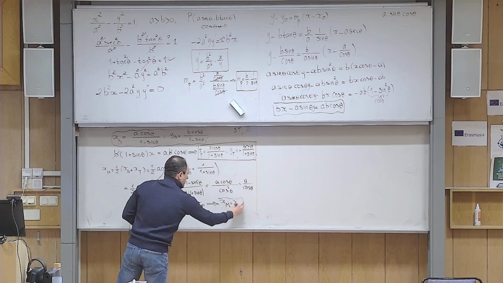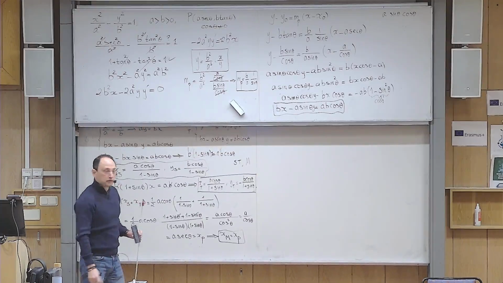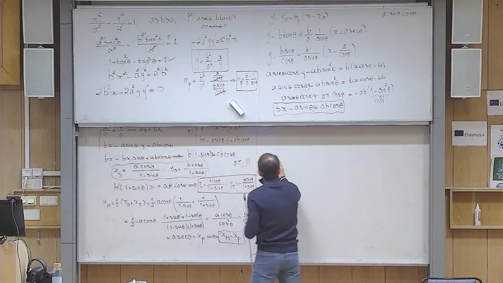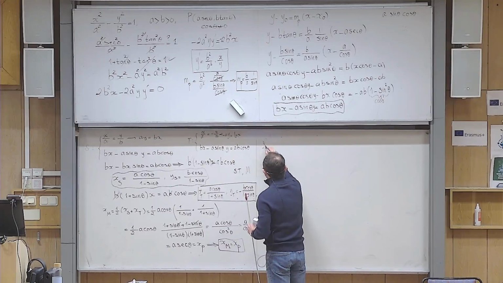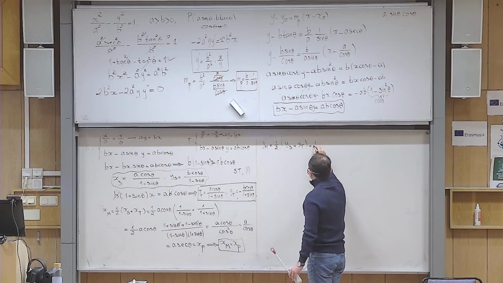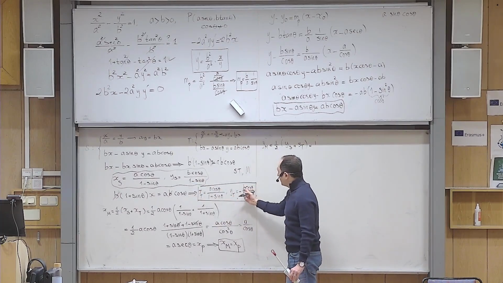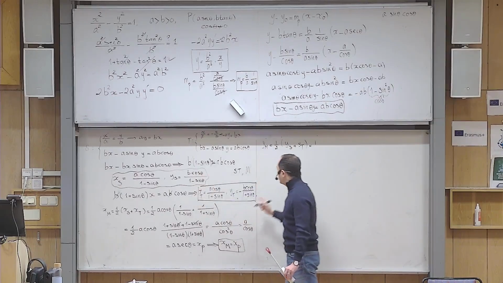I have to do very similar calculations for y of M. Let us do that quickly. So y of M, y of the midpoint, is 1/2 times y of S plus y of T. So this becomes 1/2. This is y of S, this is y of T, but this time they have b cosine theta in common.